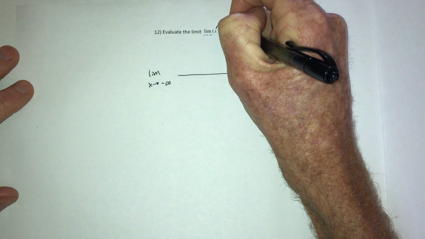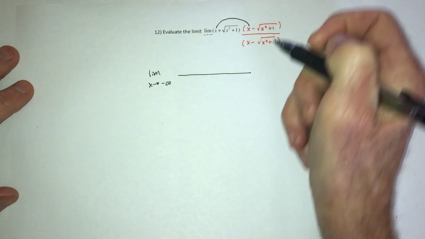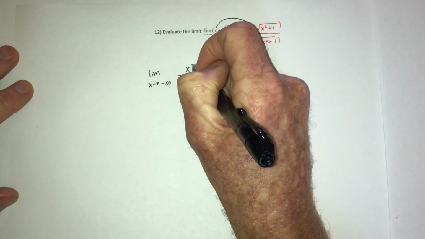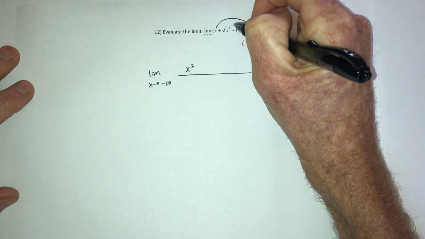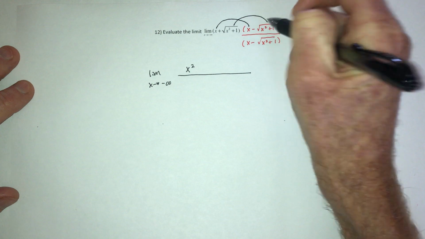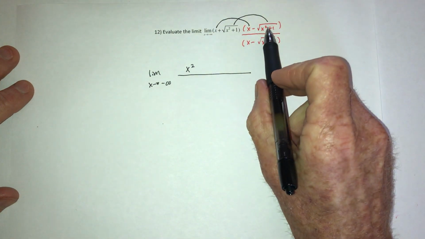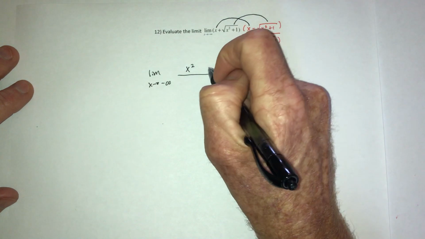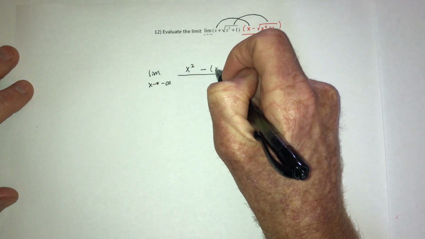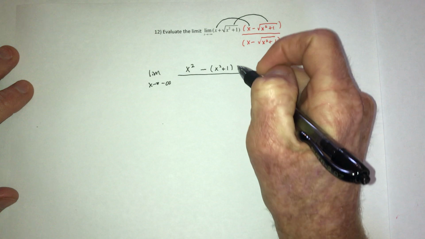And then on the top, when you multiply a conjugate, you need the first one times the first one, that's x squared. And with the middle terms, they're going to cancel. I just need the last one times the last one. And the radical times the radical will eliminate the radical. So it's going to be minus an x squared plus 1.